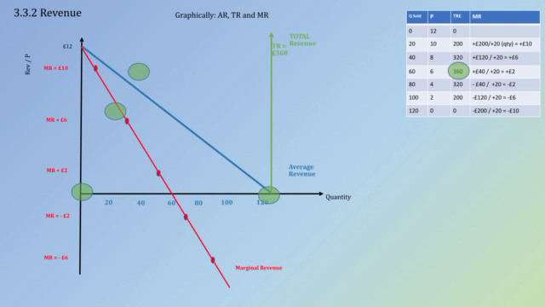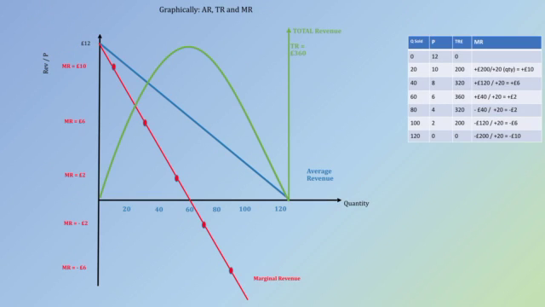So we put another dot in there, and we keep going up. 360 is going to give us up here, then 80 sold, and the total revenue, can you see, starts to go down. So it peaks at this point here, which is always going to be above where the marginal revenue cuts this axis. Okay, so when we draw in the total revenue curve, that's what we see.